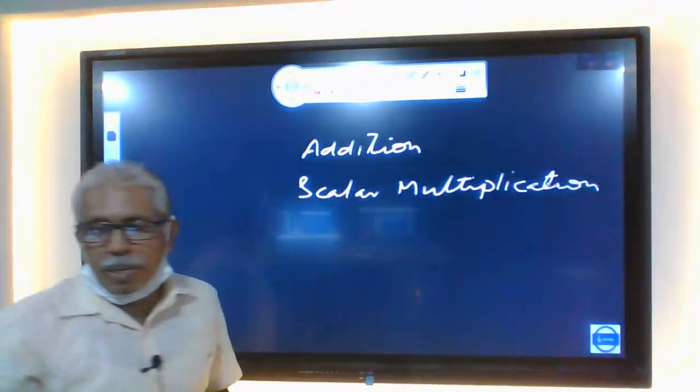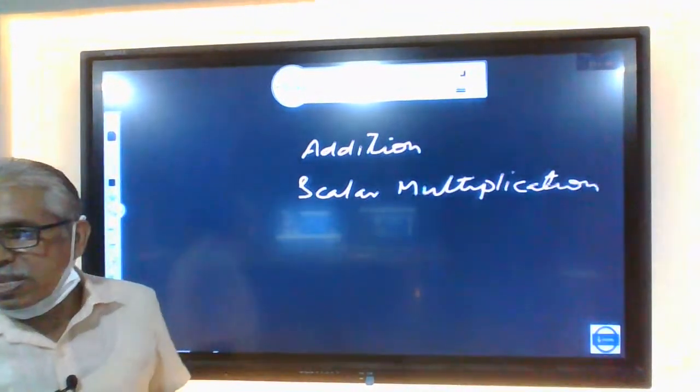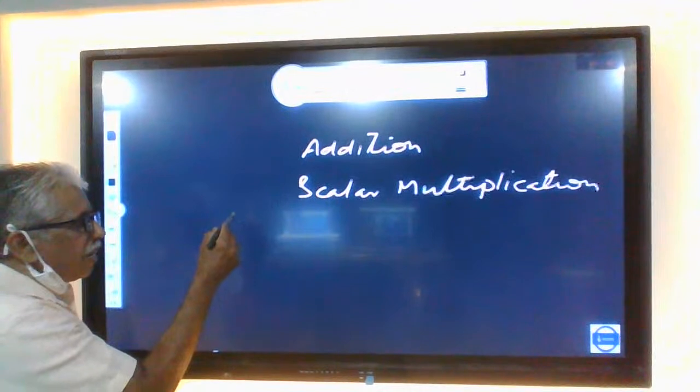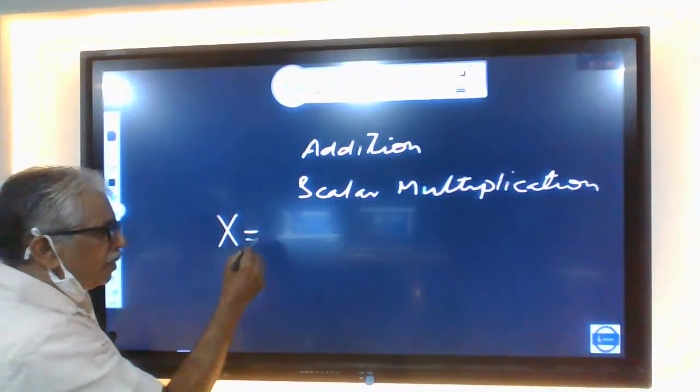So addition and scalar multiplication are two operations defined. For that you need X here.